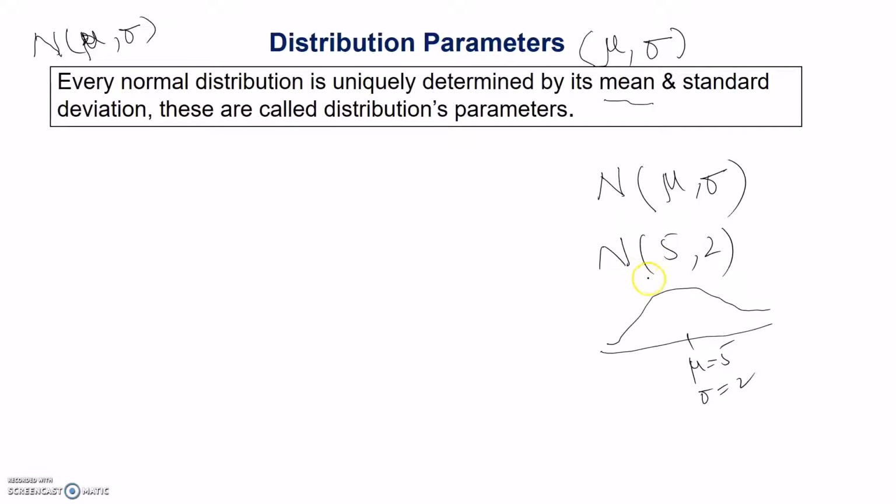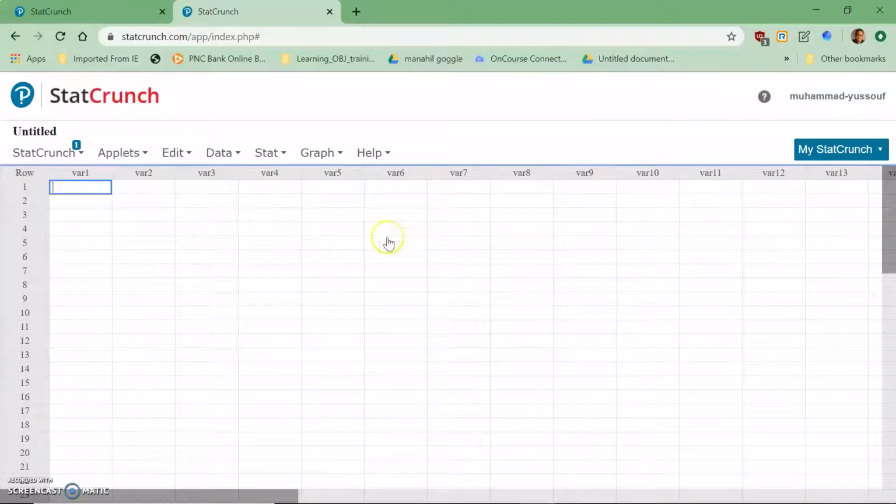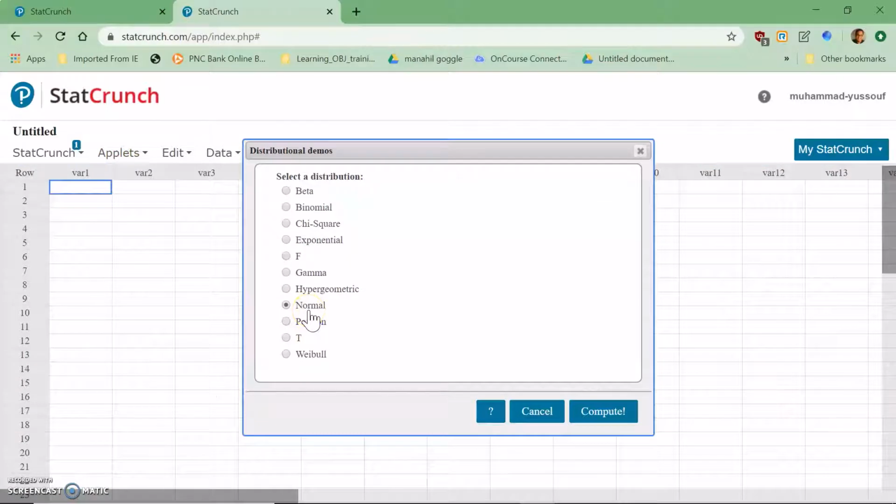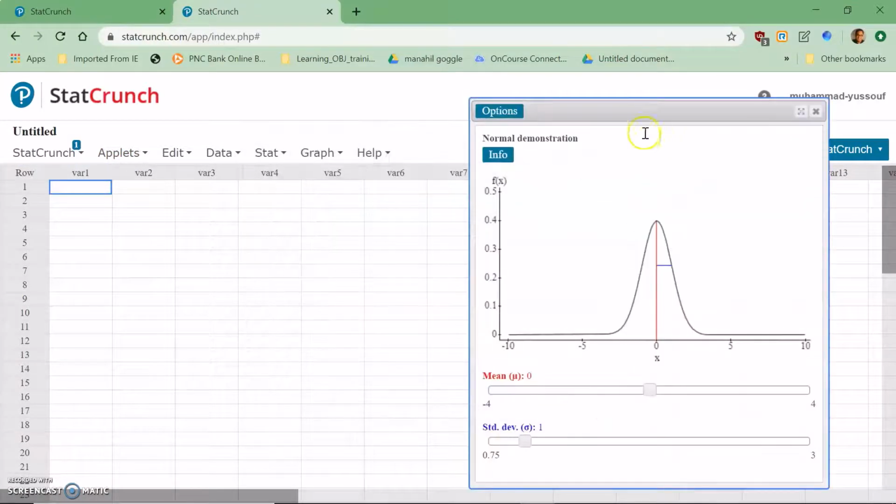Let's further understand what I mean by these parameters by looking at one of the applets in StatCrunch. Here I am in the applet in StatCrunch. I already launched StatCrunch. Let's go to the applet, go to distribution demos, click on that, click on normal, and click on compute. Look at this applet.